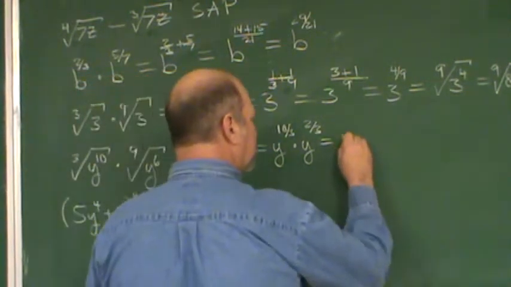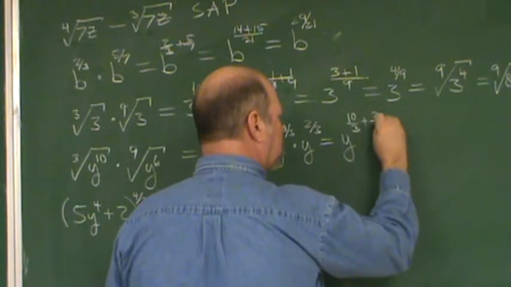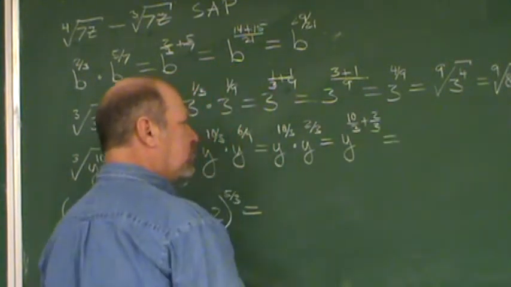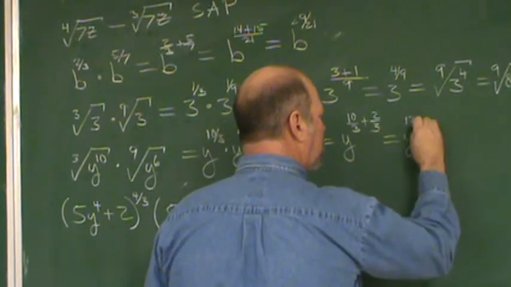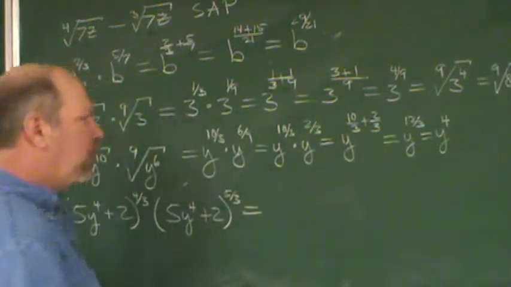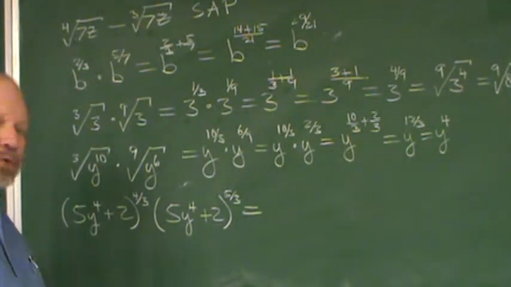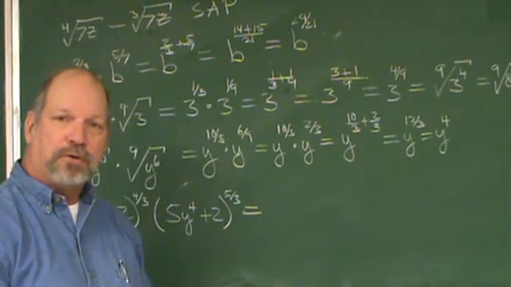This turns into, using our laws of exponents, 10/3 plus 2/3. 10/3 plus 2/3 is 12/3. We have a common denominator. 12/3 gives us y to the 4th power. In this case, your radical symbol went away, so that answer is as politically correct as we can get.